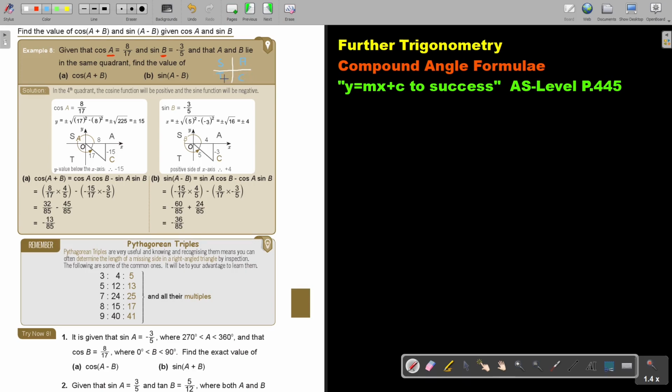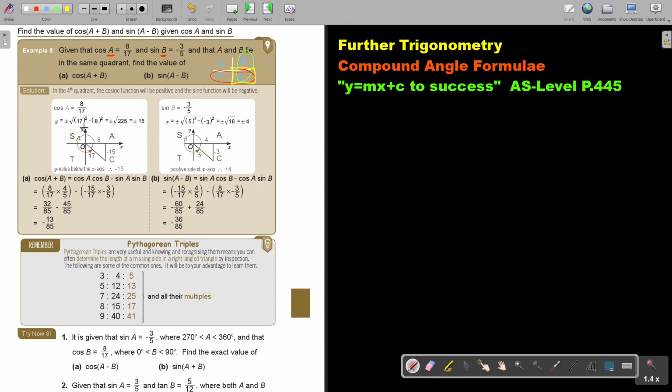Sin is negative there, but I must see where cos is positive and where sin is negative, and where they overlap. Where they overlap, it will be in this quadrant. So in the fourth quadrant, the cosine function will be positive and sin negative, but you can just do it with those lines.